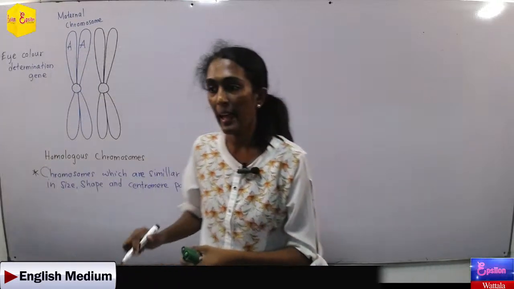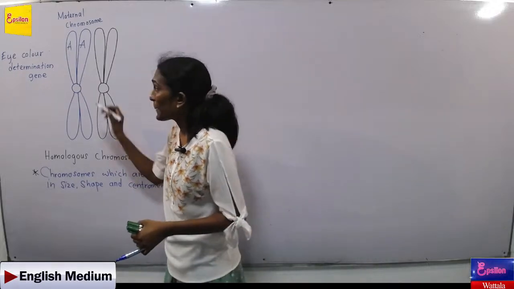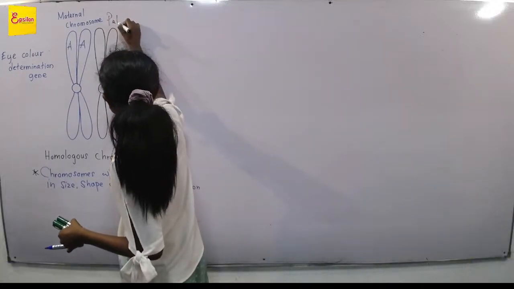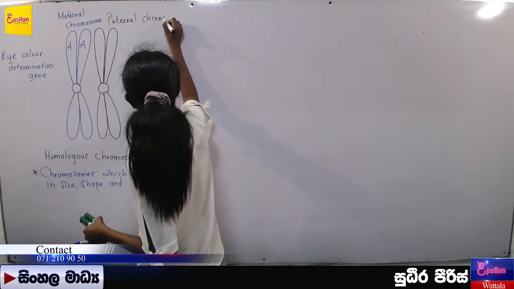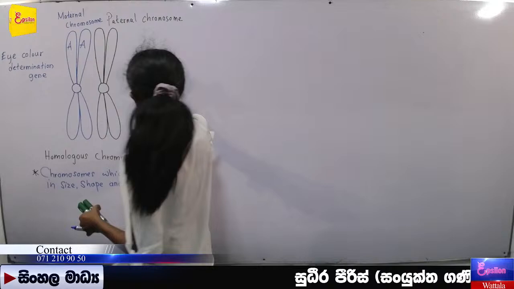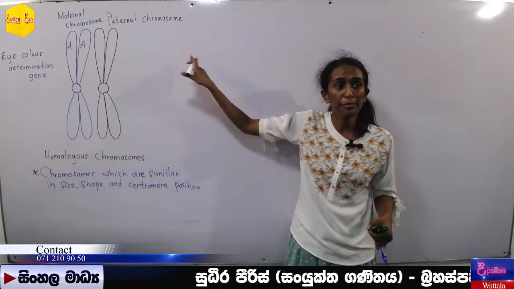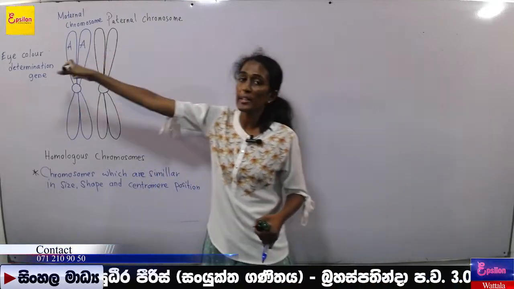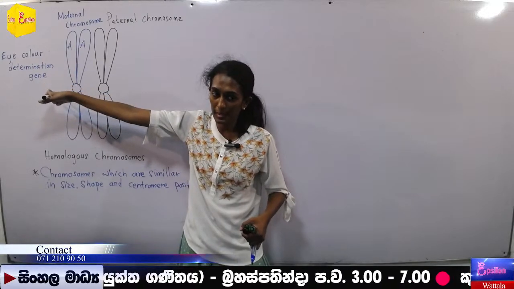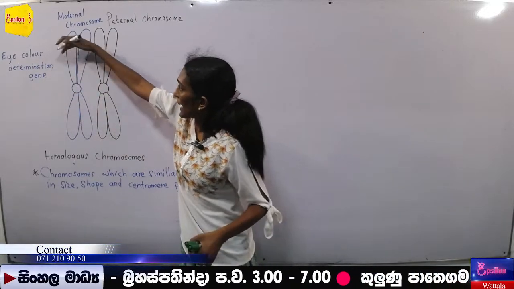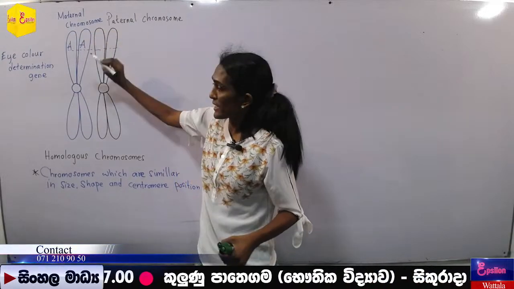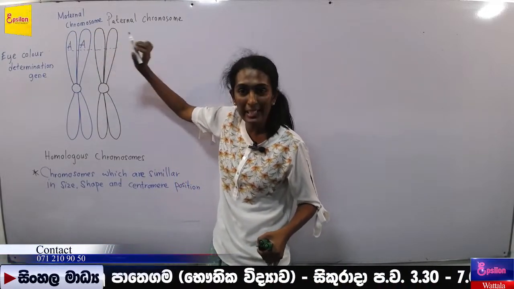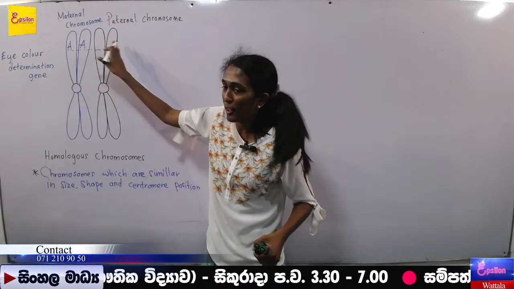What is this? Paternal chromosome. So, this is also the 20th chromosome, from the father. That is the 20th chromosome from the mother. So at the same position, this should have a similar partner of this one, isn't it?